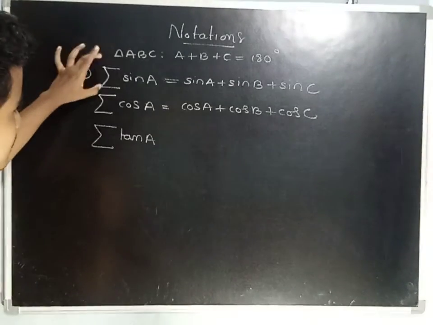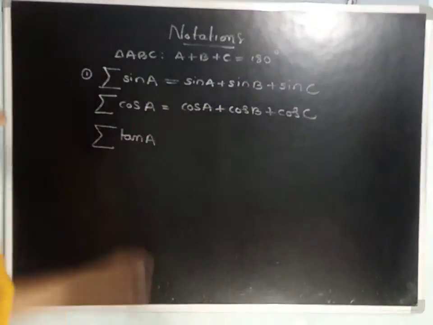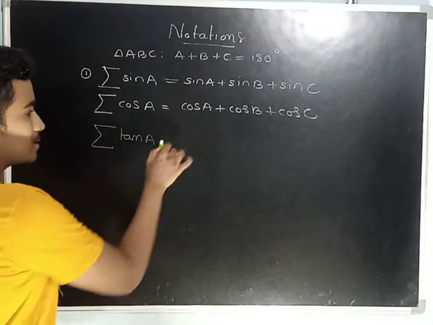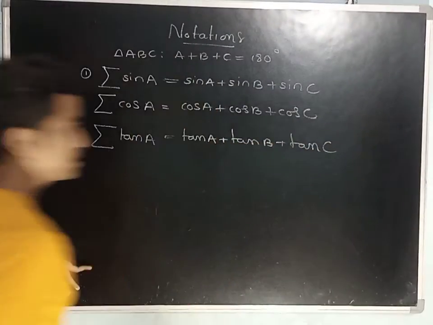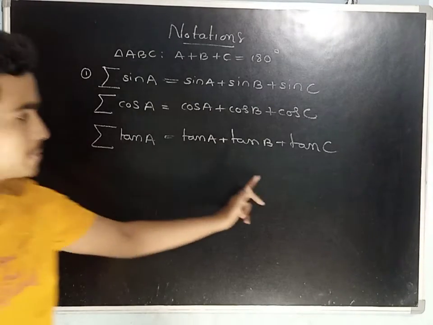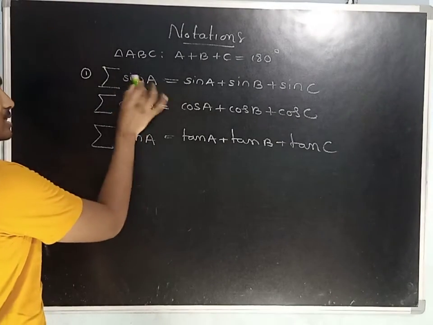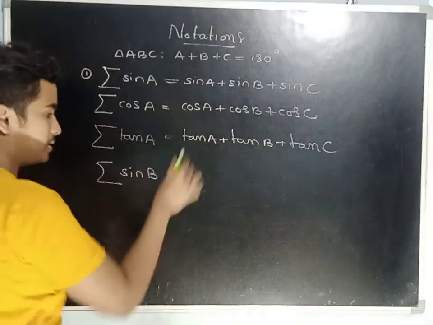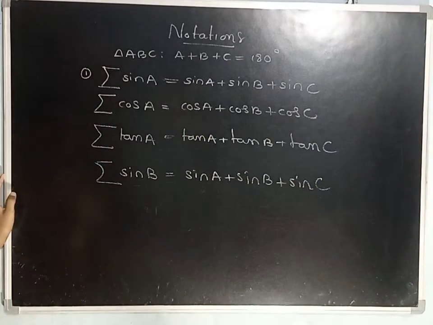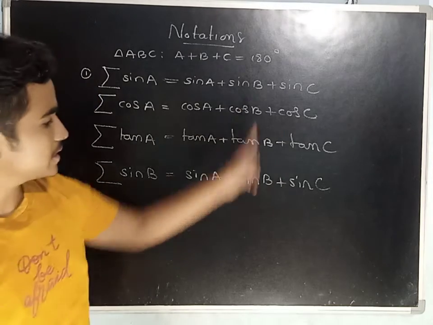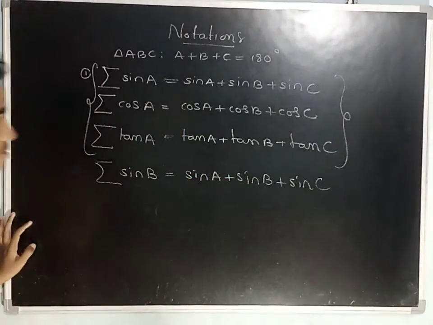In this context, sigma sine A is the sum of the sines of the angles: sine A plus sine B plus sine C. Sigma cos A is cos A plus cos B plus cos C. Similarly, sigma tan A is tan A plus tan B plus tan C, sigma cot A is cot A plus cot B plus cot C, and sigma sec A is sec A plus sec B plus sec C. Whether you write sigma sine A or sigma sine B, it indicates the same thing: sine A plus sine B plus sine C. These are some of the notations that you have to understand.